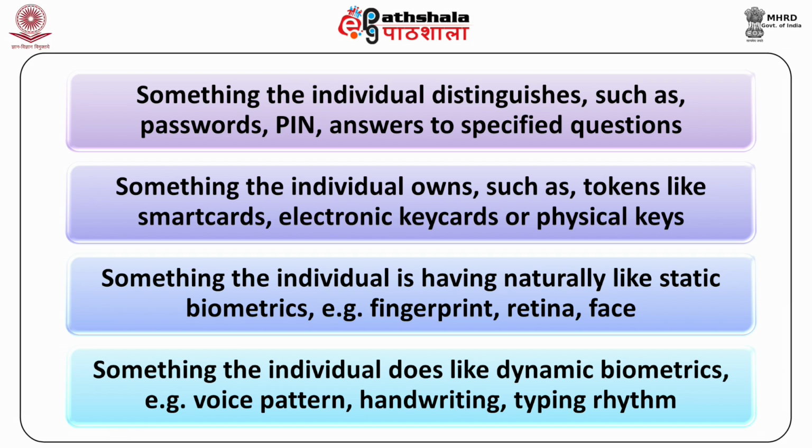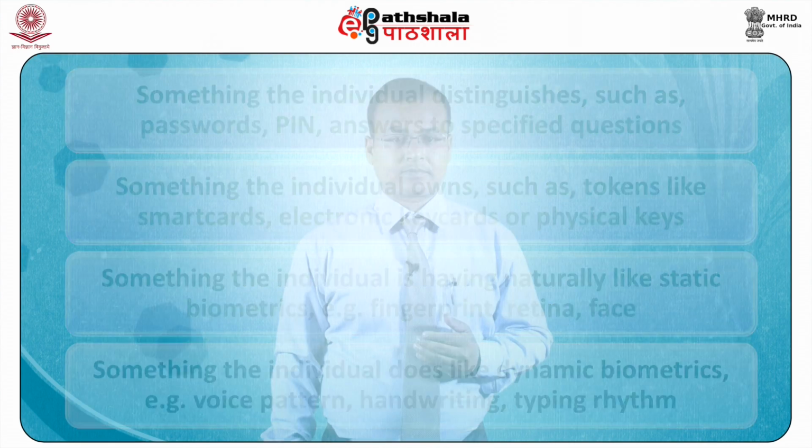Third, something the individual is naturally, like static biometrics, for example fingerprints, retinal scans, facial recognition techniques. And the fourth one, something the individual does, like dynamic biometrics such as voice pattern, handwriting and typing rhythm.